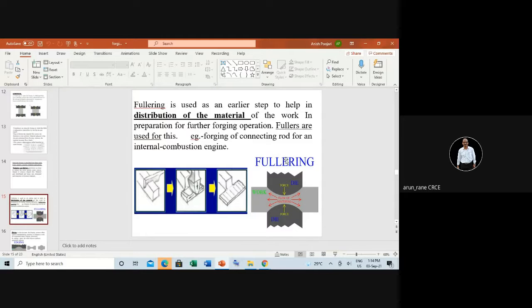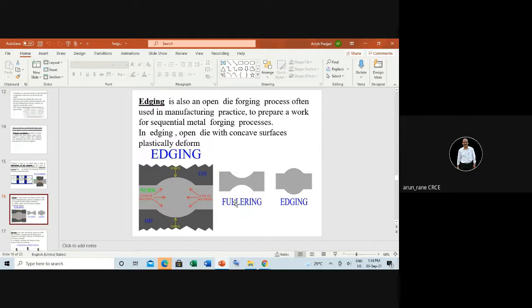Suppose you want to make a connecting rod for an engine. This is your fullering punch. This is an edging punch. This is the difference between fullering and edging: fullering makes a depression and edging has a protrusion.